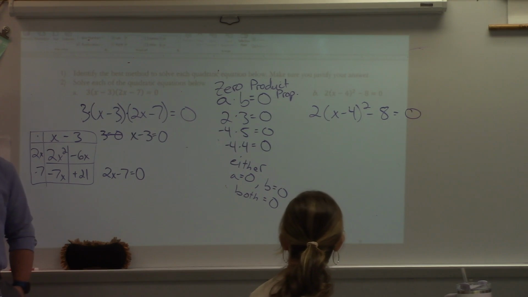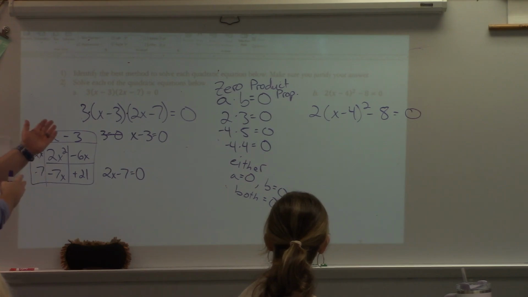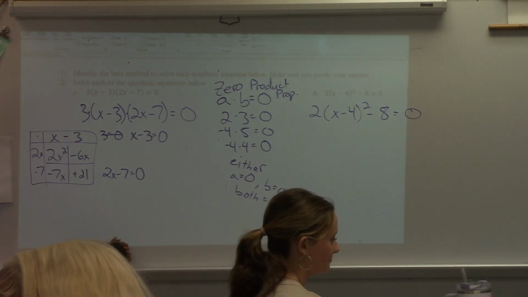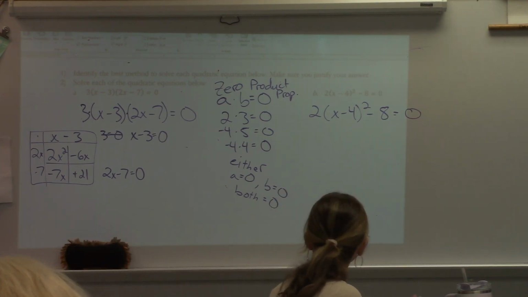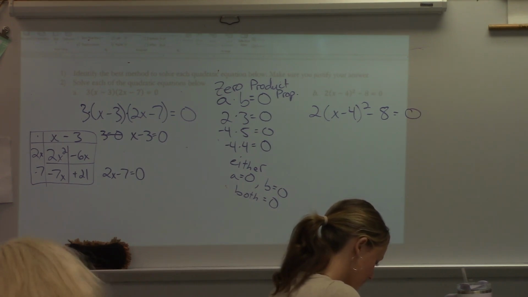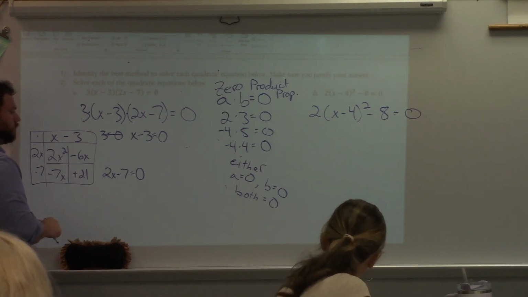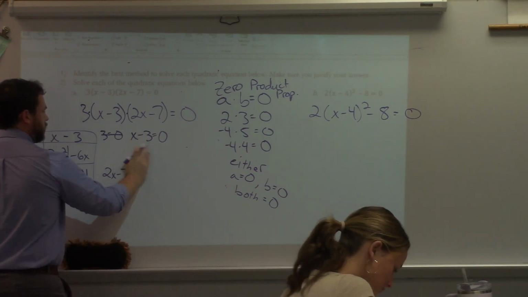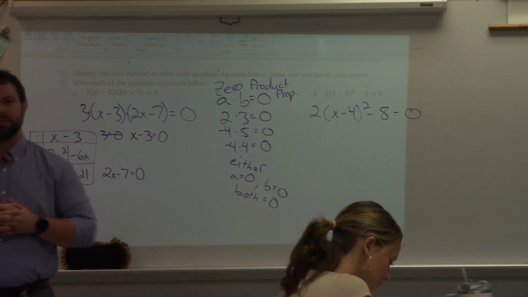The whole point of factored form is that you can then use what key property? Zero product property. I need you to write that down if you did not do that here. The whole point of factored form is to be able to use that zero product property.